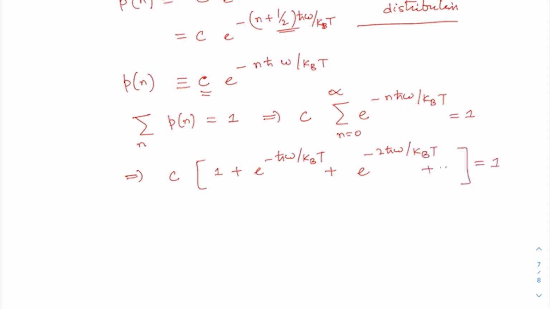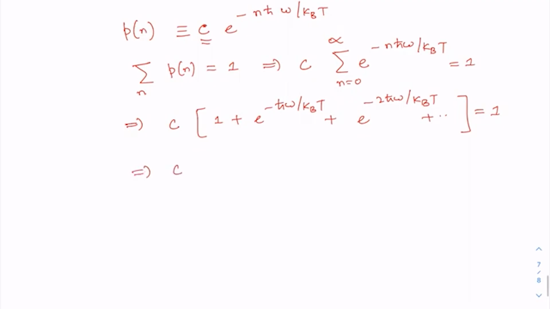This geometric series sums to 1 divided by 1 minus e to the power minus h cross omega by kBT. So you get the constant c, that is simply 1 minus e to the power minus h cross omega by kBT.